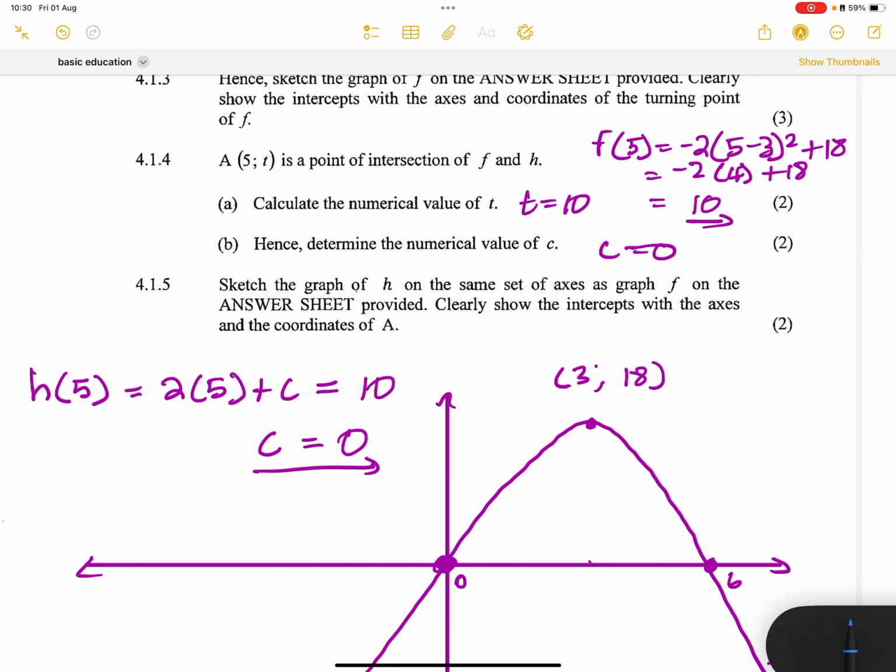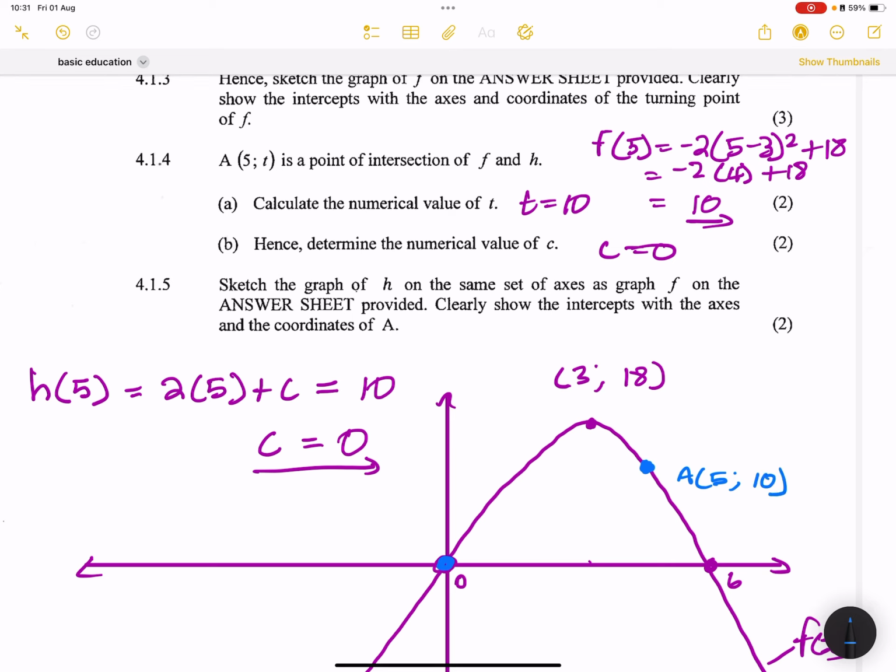It's going to be at 0. But what else do I know? I know that it passes through the point 5 and 10. So let me put that point over there. That's A, which is 5 and 10.